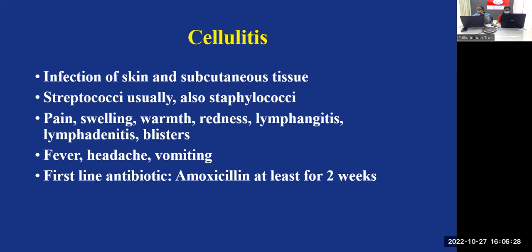Definitely you have to think about antibiotics and make sure the patient is taking a course of antibiotics. The better antibiotic is amoxicillin. So you can tell the patient about the importance of taking antibiotics in case of cellulitis.